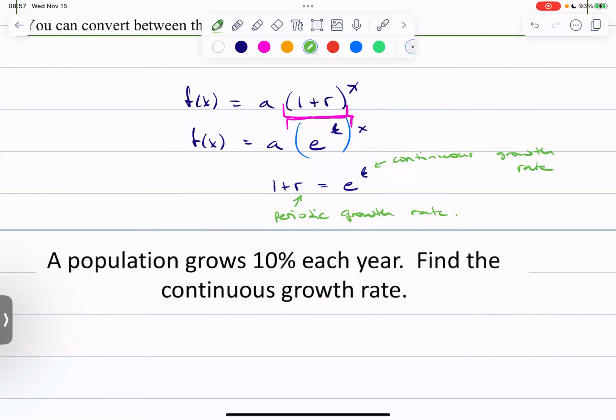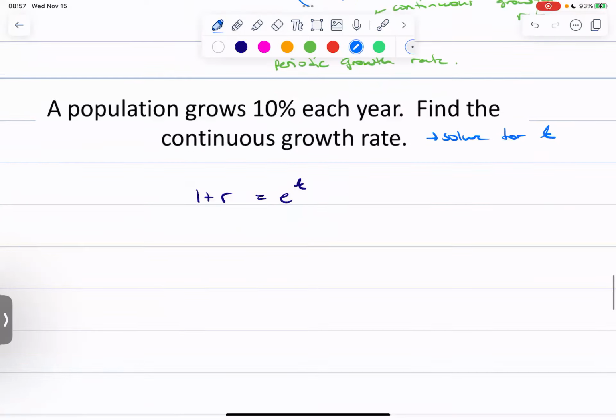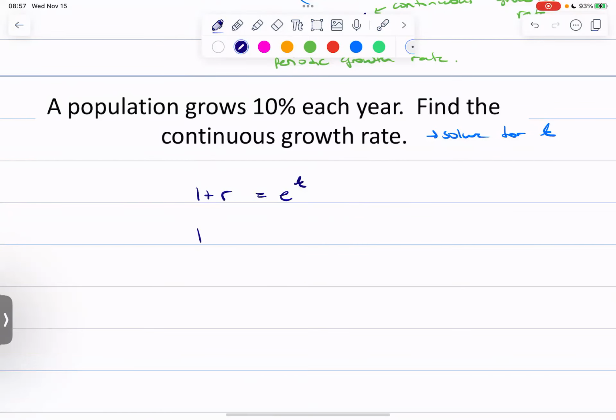So what we have here is 1 plus r is e to the power of k. We have r is 10% each year, so 0.1, and we want to solve for k. So we have 1 plus 0.1 is e to the power of k.